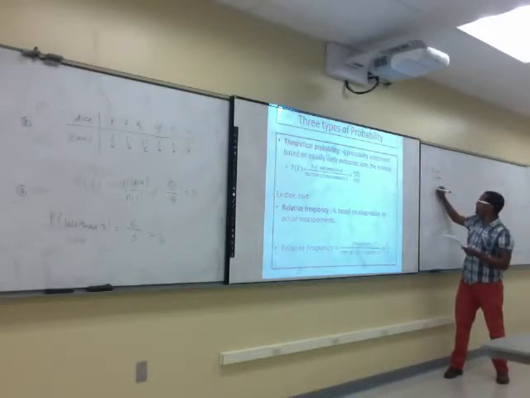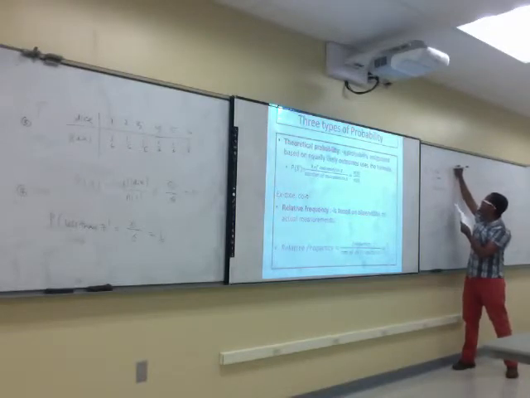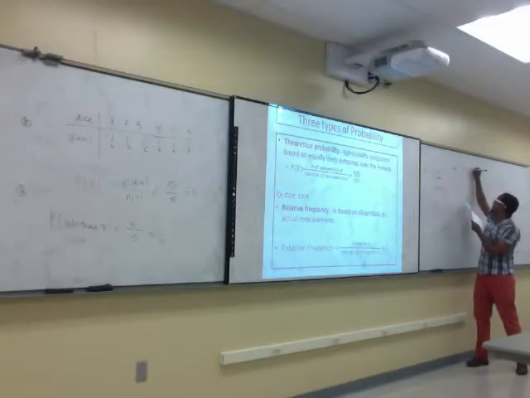Now, the probability of getting female. This is my sample space: male and female.